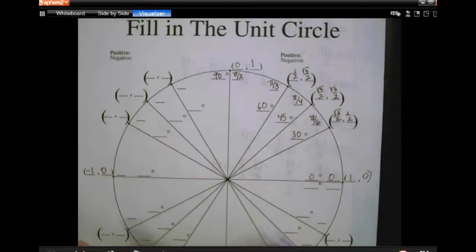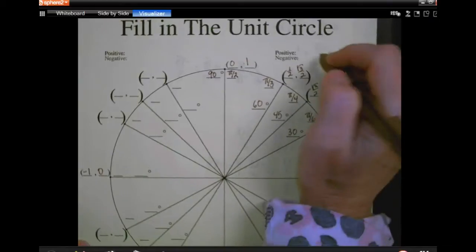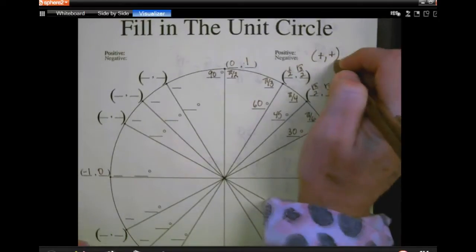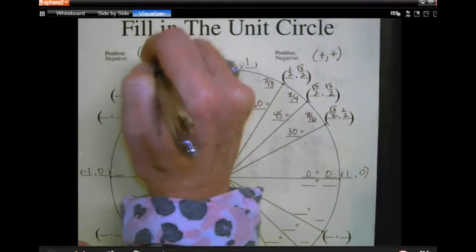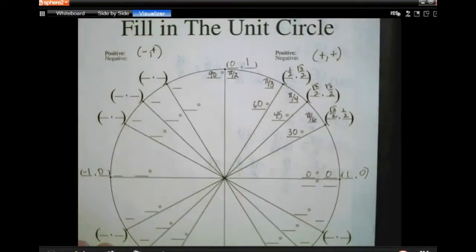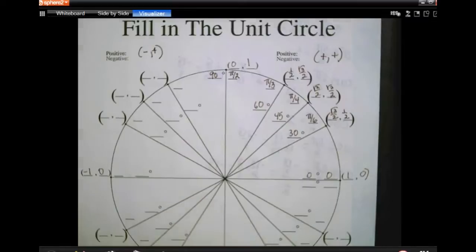Listen, I want to fill in the rest of this now. So I know this was positive, positive, right? And we already said this one is negative, positive. So this is negative, negative.